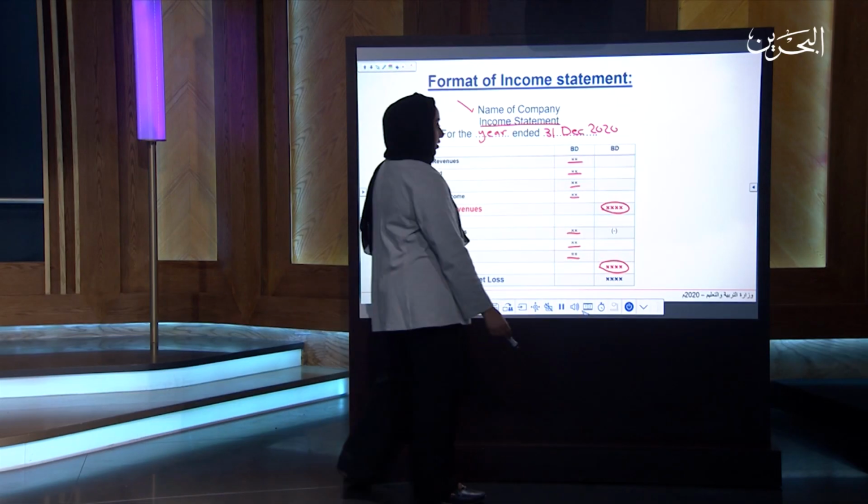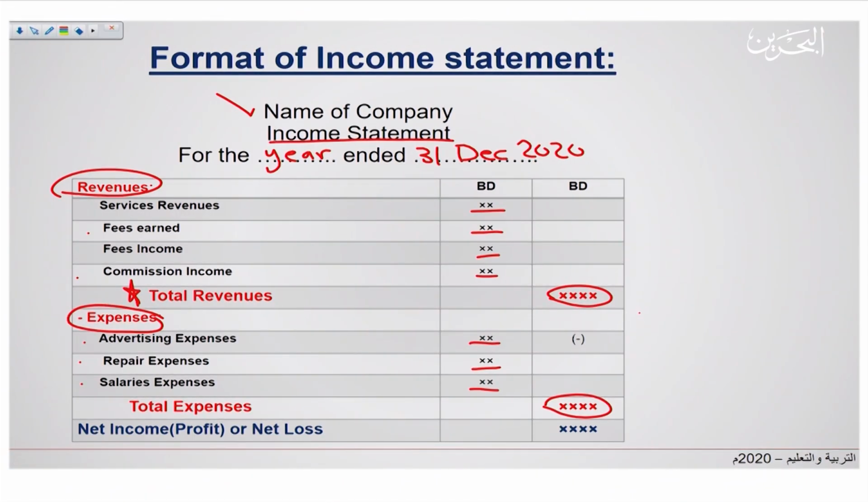Then we will take a look. If the total revenues are higher than the total expenses, then we are making net income. And if we are losing money, like the total expenses are higher than the total revenues, then we are making net loss, which means that we are losing money in our company.